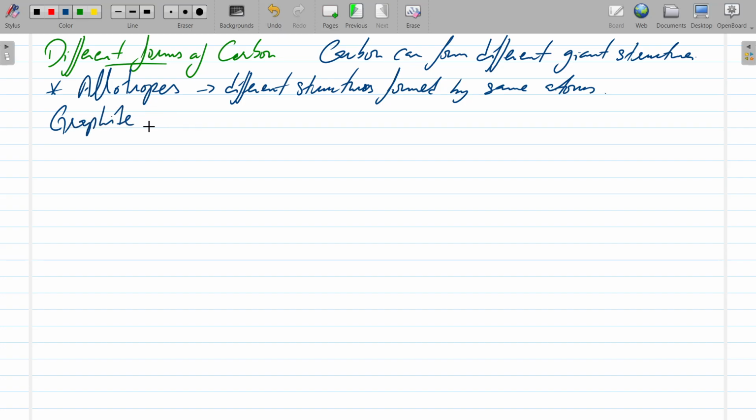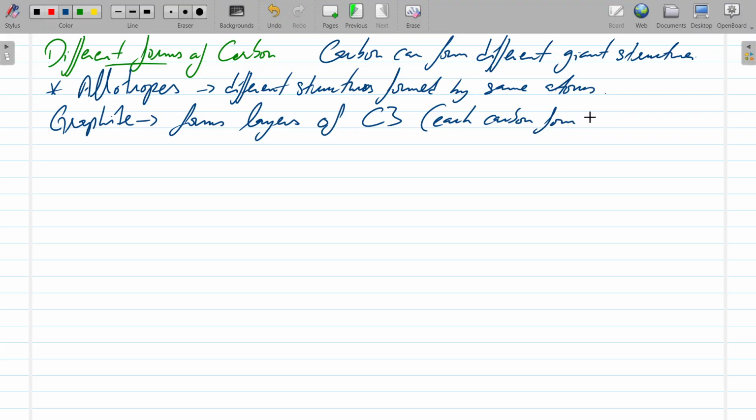In graphite, carbon forms layers of C3, which means each carbon forms 3 covalent bonds with other carbons.